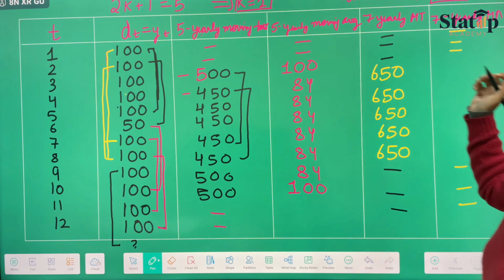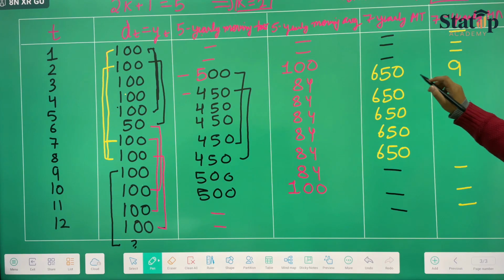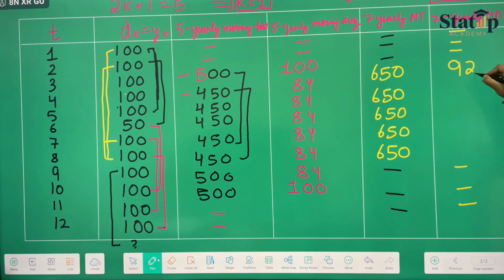So we'll divide this by 7. 7 nines are 63, and we'll be getting 20. 7 twos are 14. 92.60. 7 eights are 56. So all of these would be 92.8.